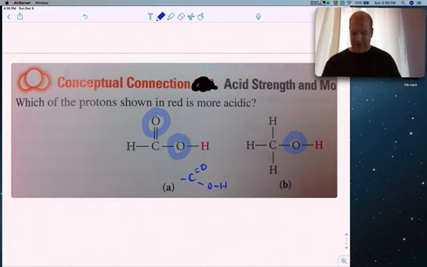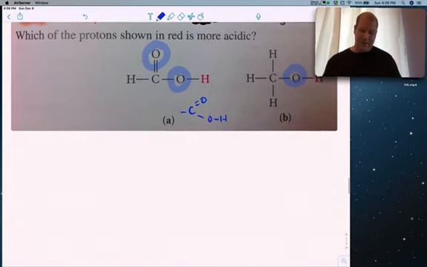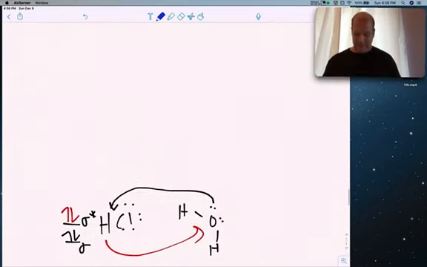A is formic acid, and B is methanol, an alcohol. Alcohols do have acidic hydrogens, but water is more acidic than an alcohol. But a carboxylic acid is more acidic than water. So if you throw it in water, it's going to be an Arrhenius acid or a Bronsted-Lowry acid.